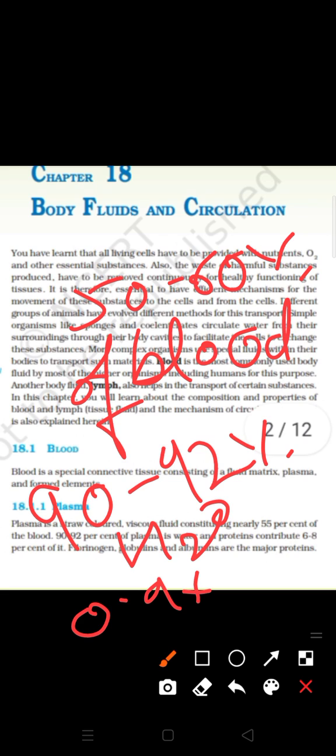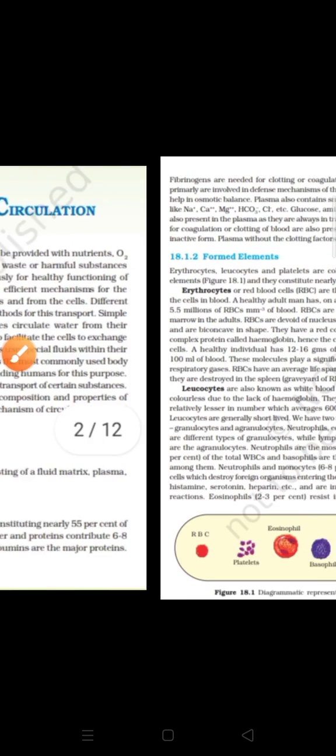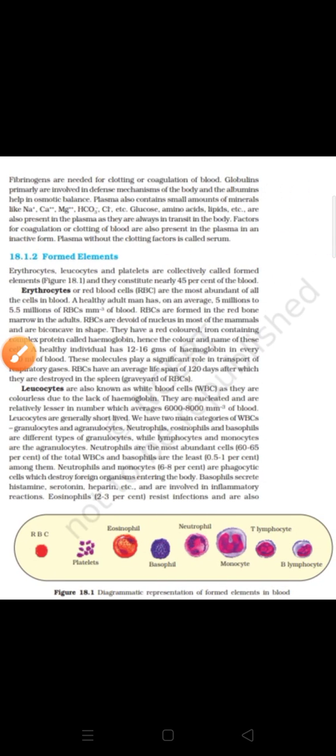Some amount of protein, 6 to 8%, is also present. So you can understand that plasma is a mixture of these major components. That's why plasma is very important, children.